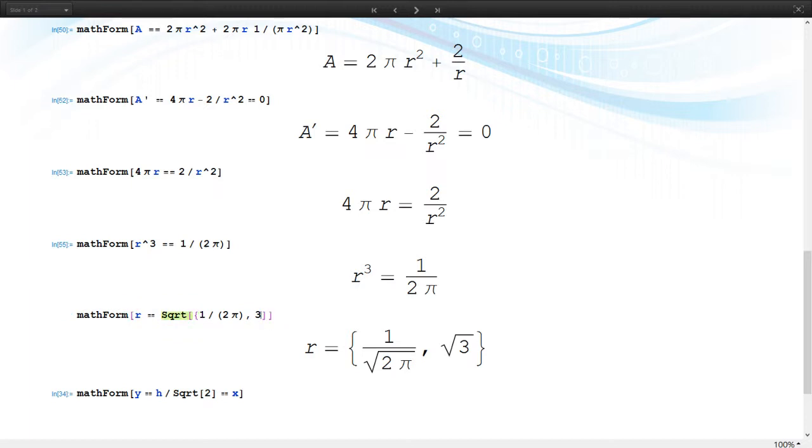I forget how to do cube roots with Mathematica. That's okay. We have an alternative solution.